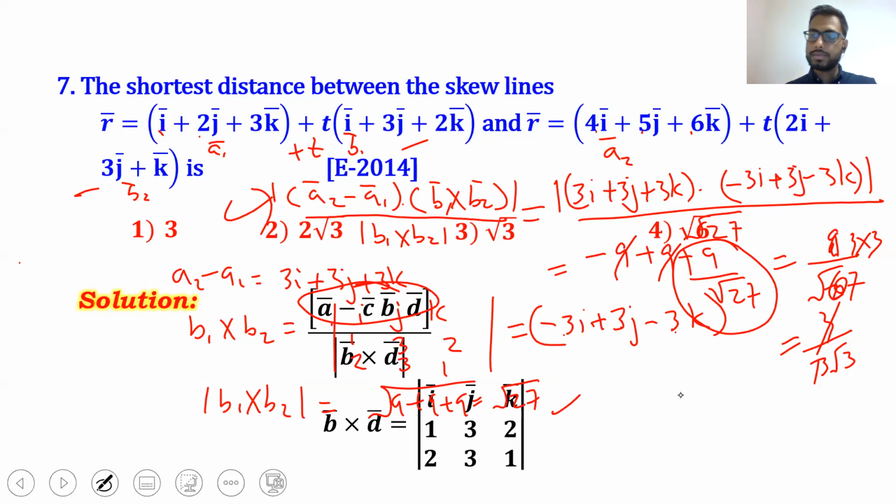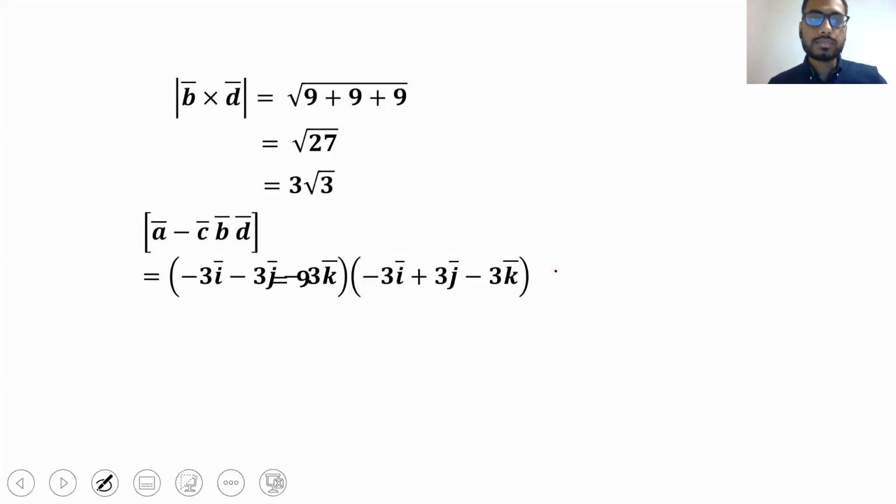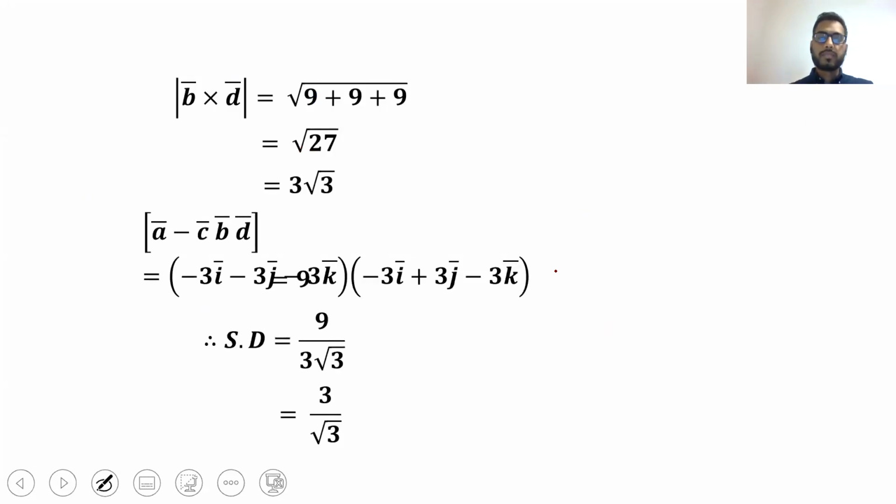Just simplify this to get your answer. The answer is going to come the same even if you go by this method or the previous method. Answer is going to be root 3 in both the cases.